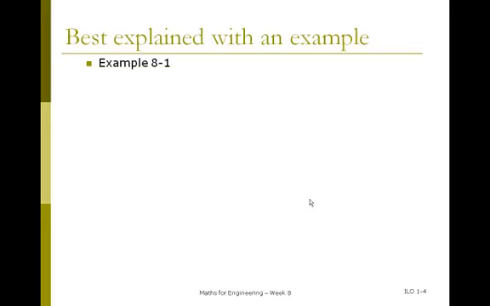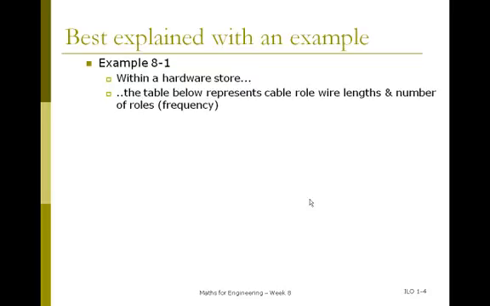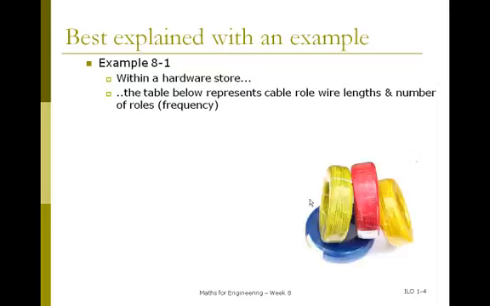Like most of the topics, it's best explained with an example. Example 8.1. Within a hardware store, the table below represents cable roll wire lengths and the number of rolls within the hardware store.